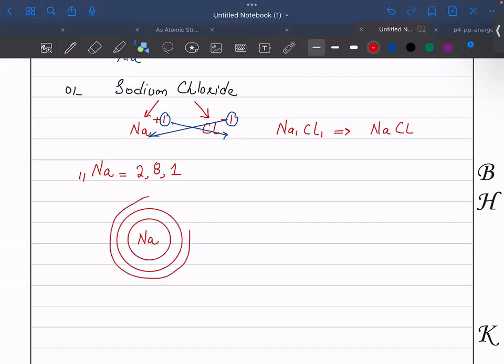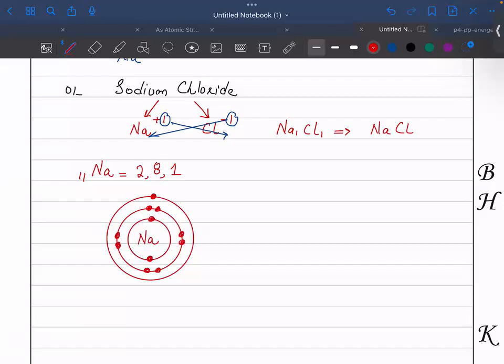And it has how many shells? 3 shells. First shell में it has 2 electrons. Sodium के electron हम dot से बना रहे हैं. Second shell it has 8 electrons. Second shell के electrons हम pairs में बनाते हैं ना, दो के. 1, 2, 3, 4, 5, 6, 7, 8. And in the last shell, or outermost shell, or the valence shell, it has 1 electron.